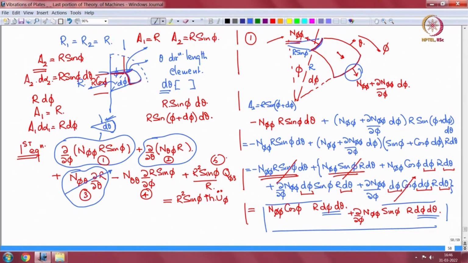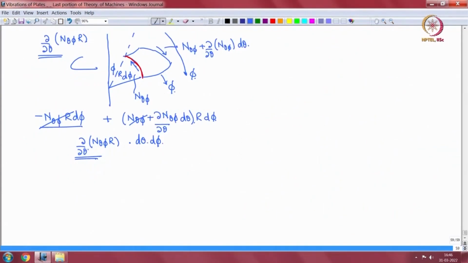The next term, the fourth term, is n theta theta del phi of r sin phi. Let me write it first.